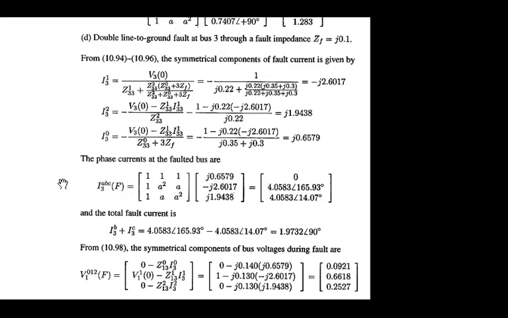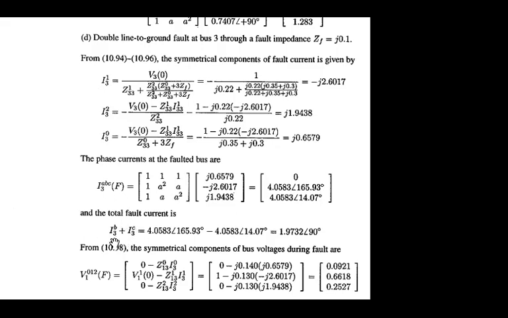For the double line to ground fault, there is another additional thing to remember: you cannot conclude the total fault current with I3 ABC. You have to make an additional step for total fault current in the double line to ground scenario only. This is the additional term: IB plus IC.